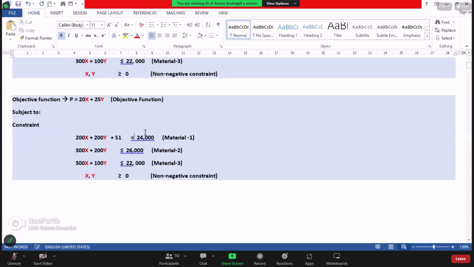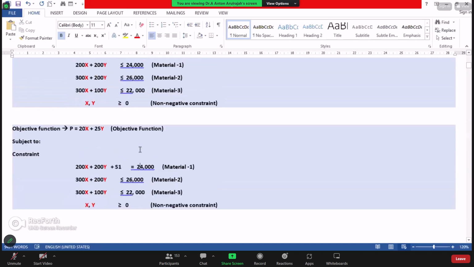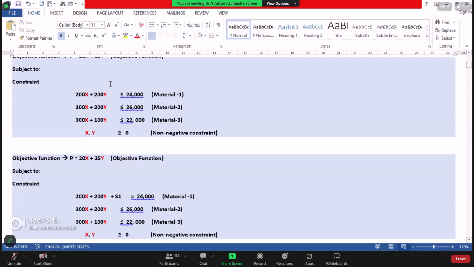Please try to understand why I am using this new variable S1. Some resources are not utilized, because according to the model, 200x plus 200y is less than or equal to 24,000.